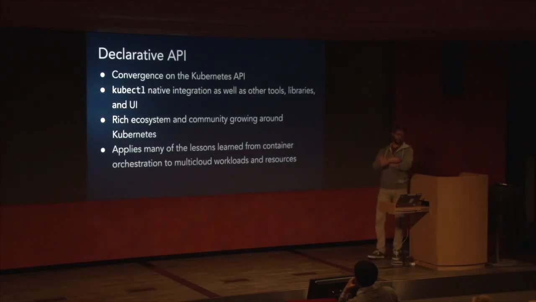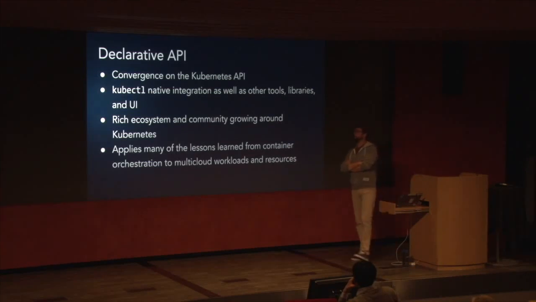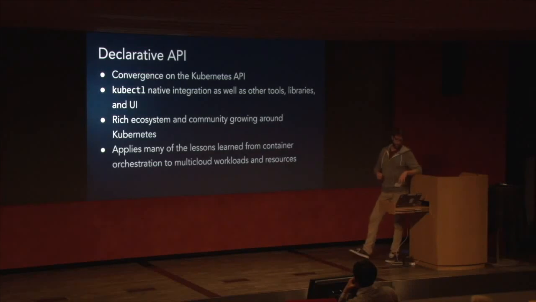And we talked about the declarative API as well. We believe, as the Crossplane project, that there's a convergence on the Kubernetes API. That's a good way to manage our software, our applications, our resources. So just like any other Kubernetes application, you can use kubectl to work with it, to specify configuration or create resources, et cetera.